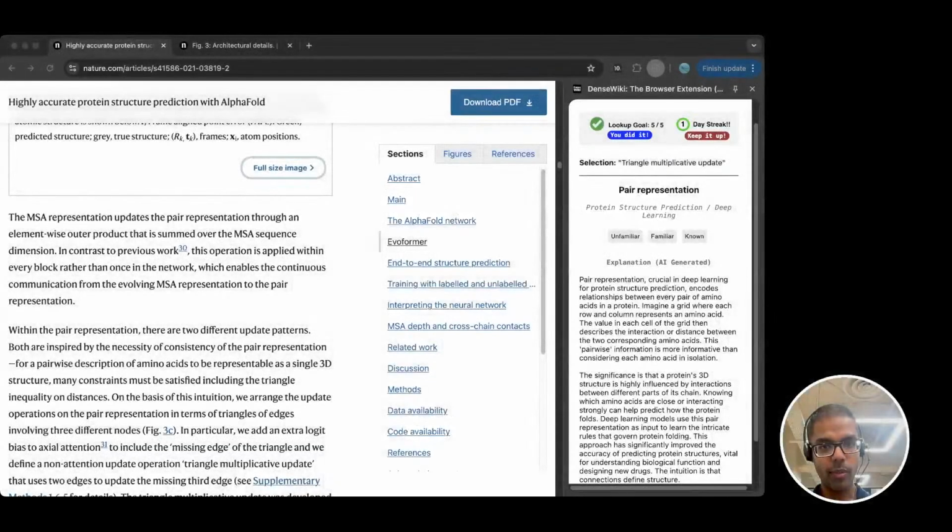Okay, sorry, we are back. Yeah, so the MSA representation updates the pair representation through an element-wise outer product.